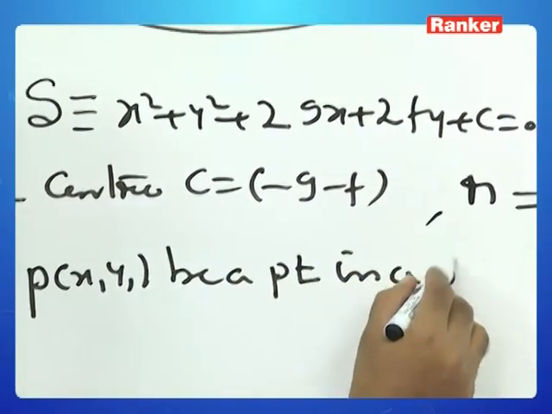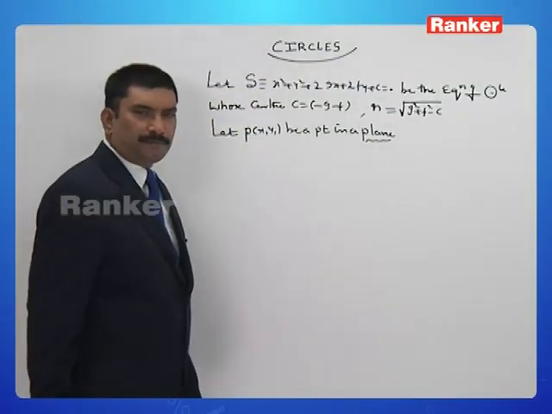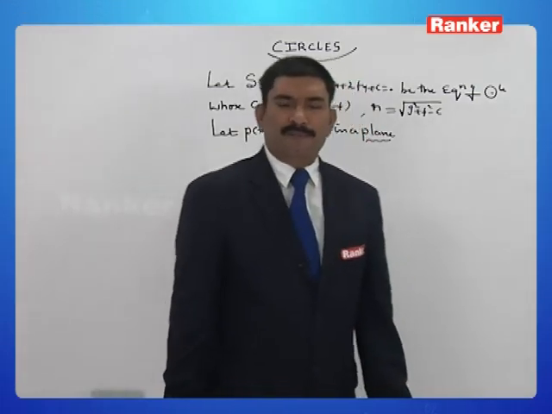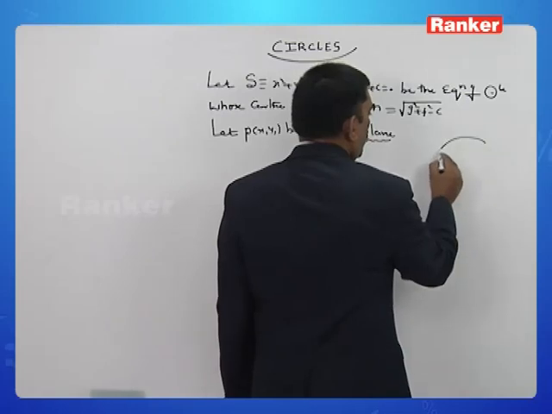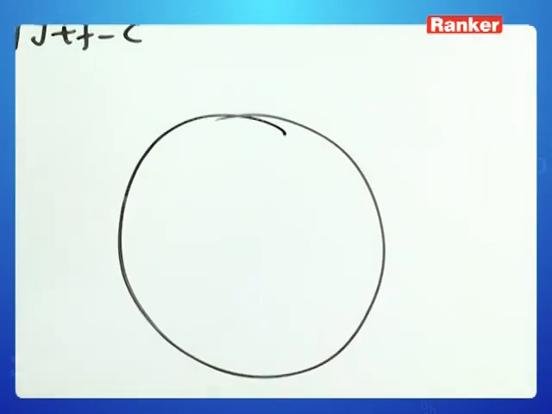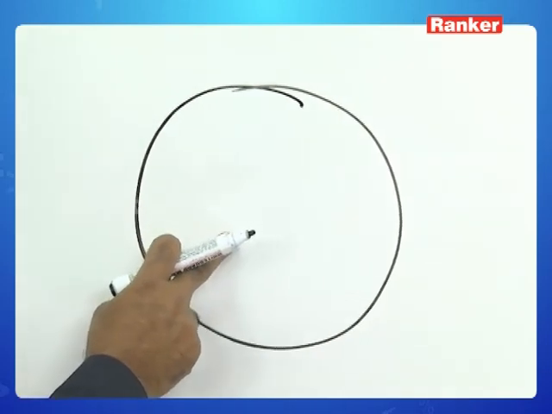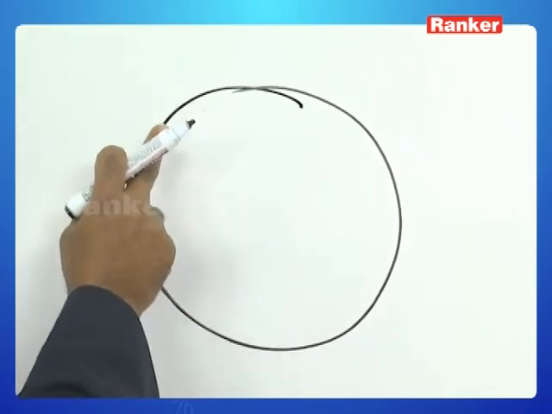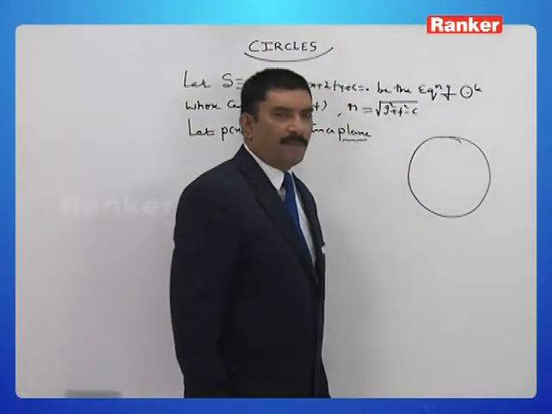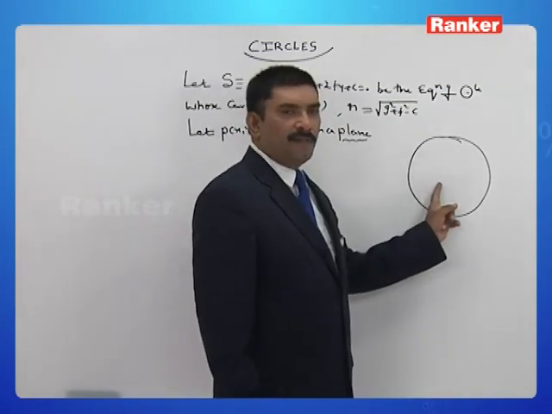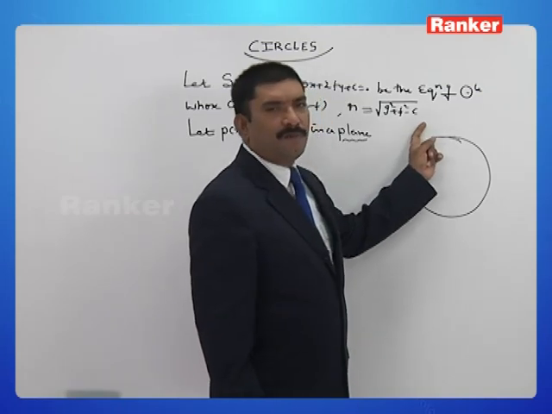in a plane. Now I take this as a circle. This is the interior region of the circle, this is a point on the circle, and this is the exterior region of the plane.